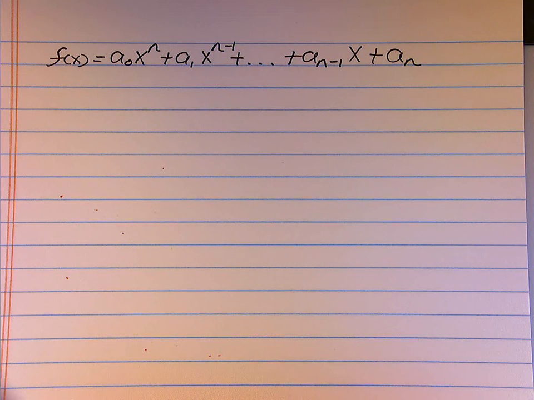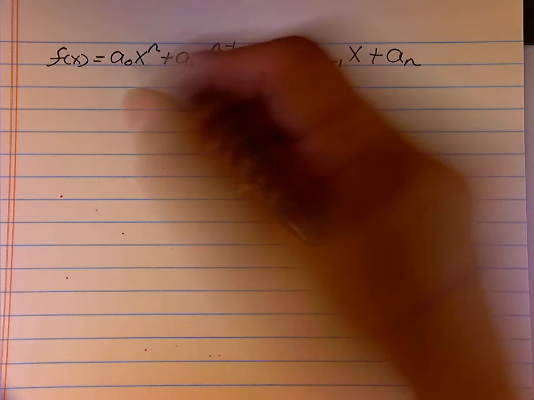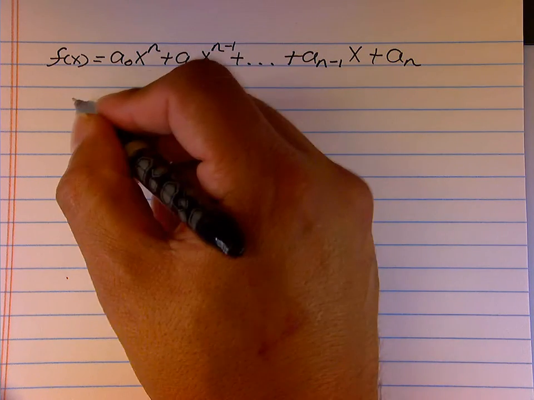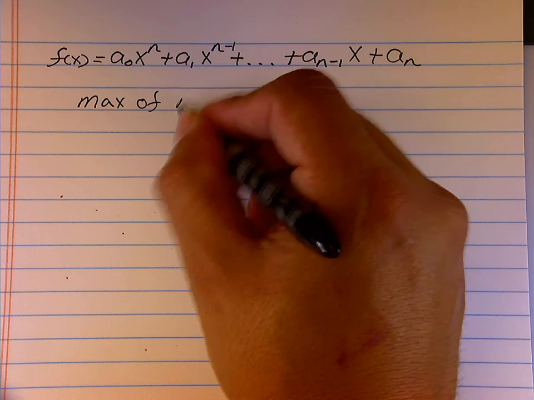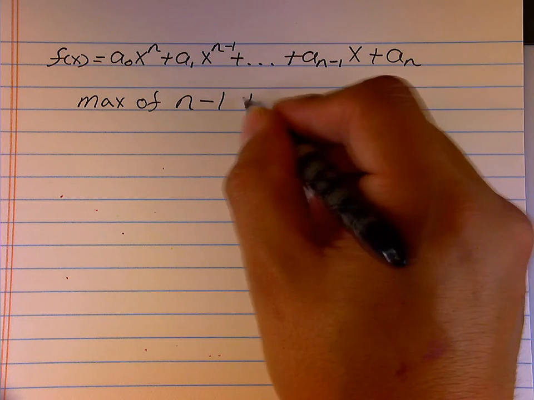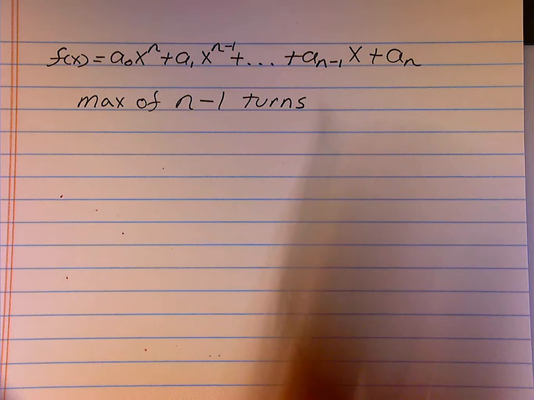Okay, now that we have talked about what's going to happen on the left-hand and right-hand side of the polynomial, we're going to talk about what is possible to happen in the middle of a polynomial function. Now, a polynomial function has a maximum of n minus 1 turns.